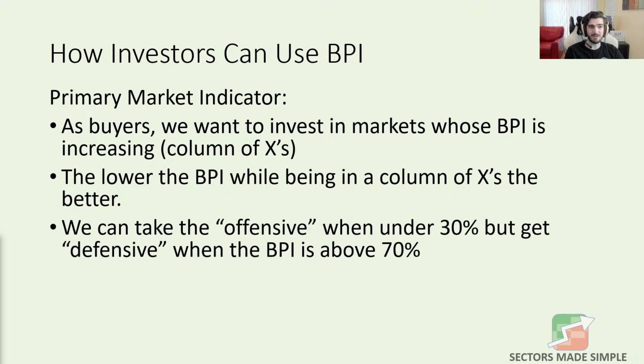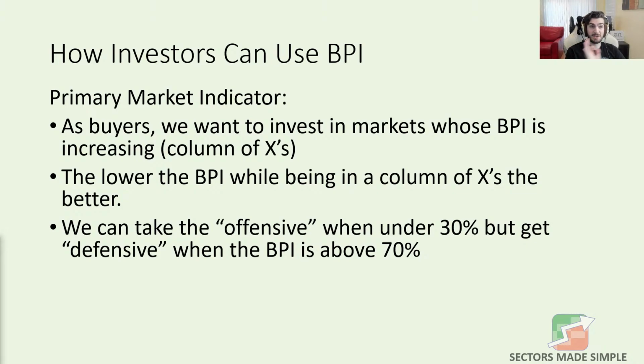If we want to think about things as a football game, the overbought and oversold levels are close to the goals: our friendly goal and the other team's goal. So we can get offensive when we are under 30 because there's a lot of room for us to make plays.